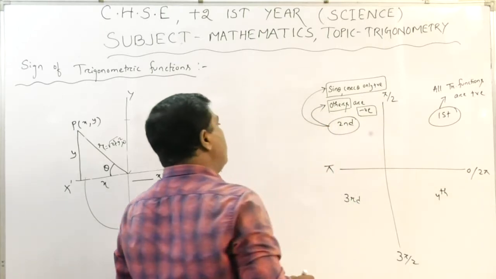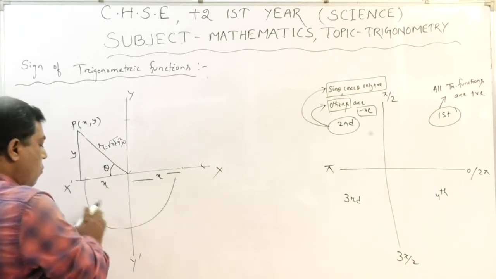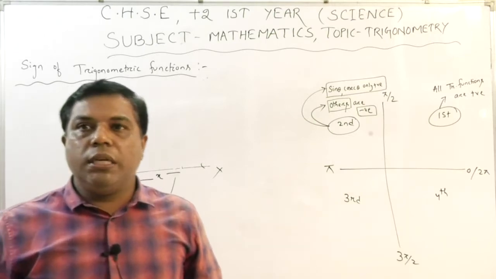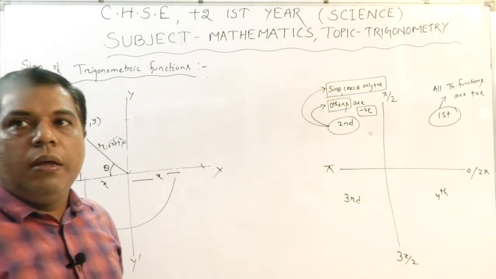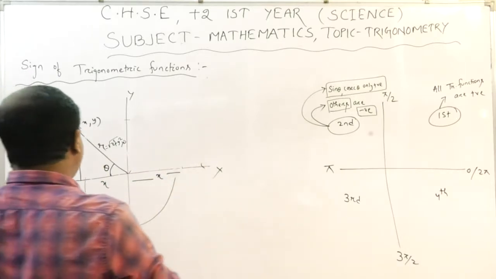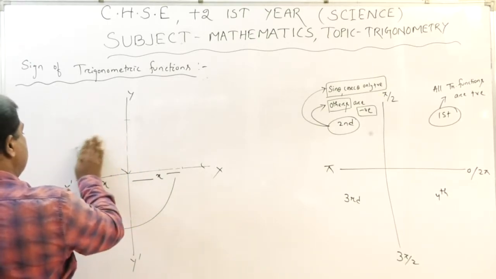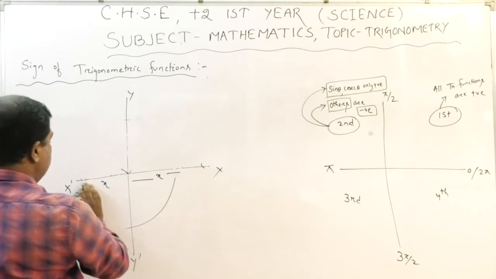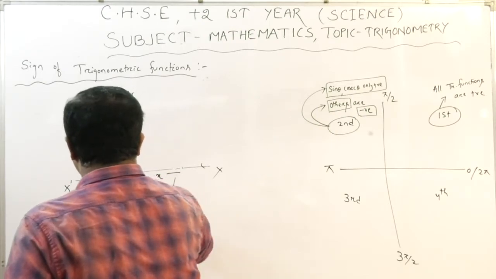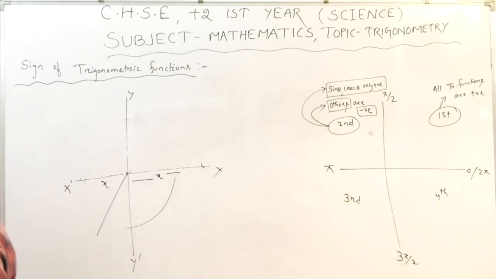Now we will move to the third quadrant, which is from pi to 3 pi by 2, and we see what happens to the sign of those angles which lie in the third quadrant. So I am now taking an angle in the third quadrant.